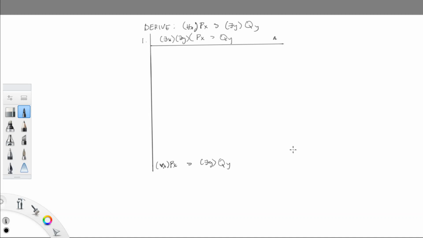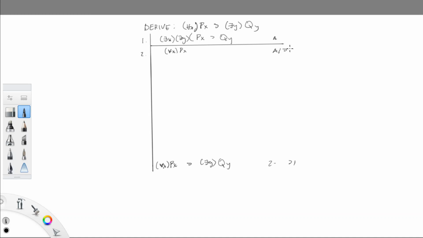Since our target sentence is a conditional, a good way to prove it is with conditional introduction. And that requires a subderivation. Our subderivation will start on line 2. So line 2, we'll assume the antecedent of the conditional that we want, for all x Px.